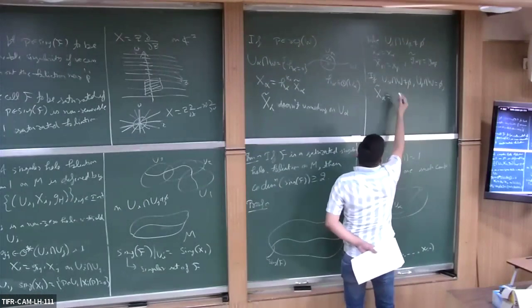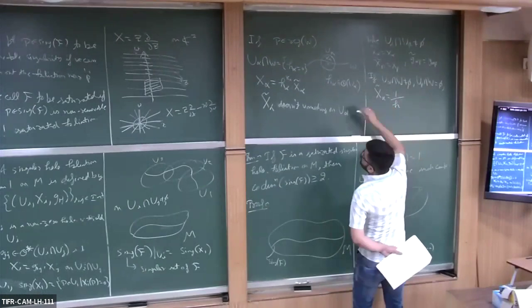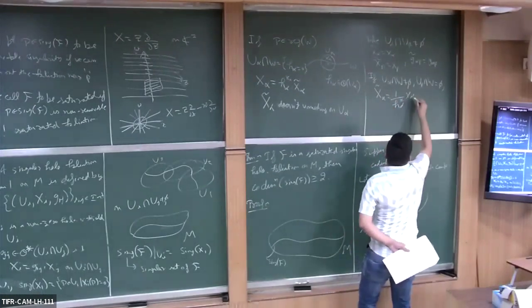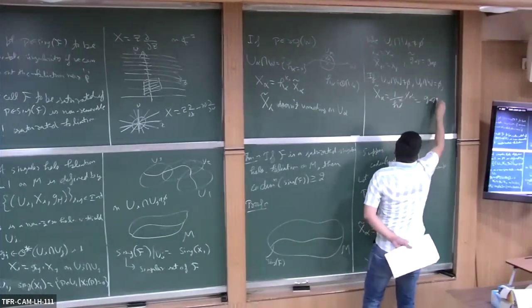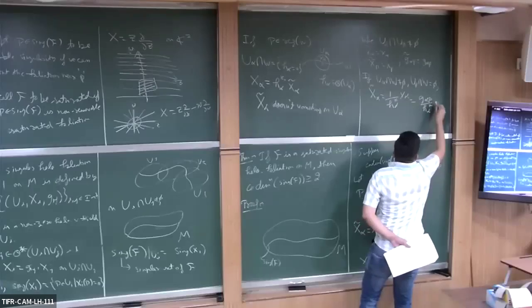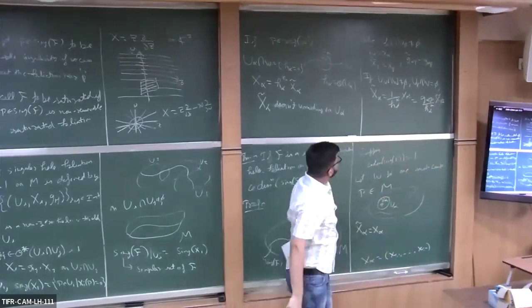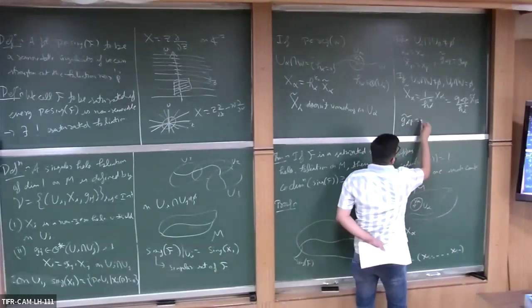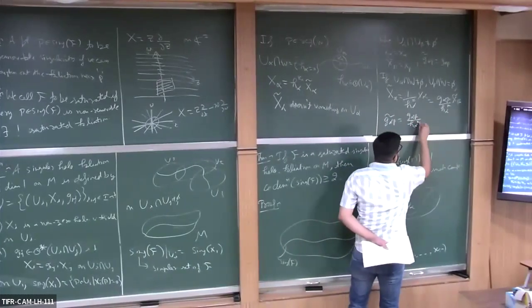X alpha tilde is obtained by dividing by this. This was H alpha to the power k times X alpha, and this is G alpha beta times X beta, which is X beta. So in this case, G alpha beta tilde is the original G alpha beta divided by H alpha to the power k.